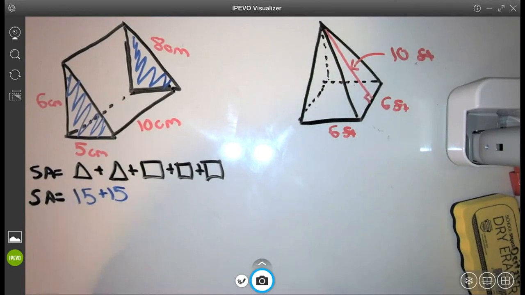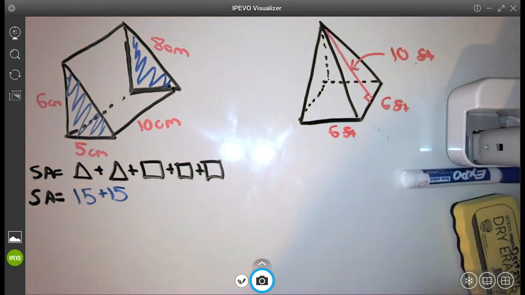All right, now I have three rectangles that I'm going to need to find the area of. It doesn't matter which one you do first. I'm going to do this back one right here. I need to find the dimensions of this rectangle in the back. From here to here is 6, and remember, it's length times width.